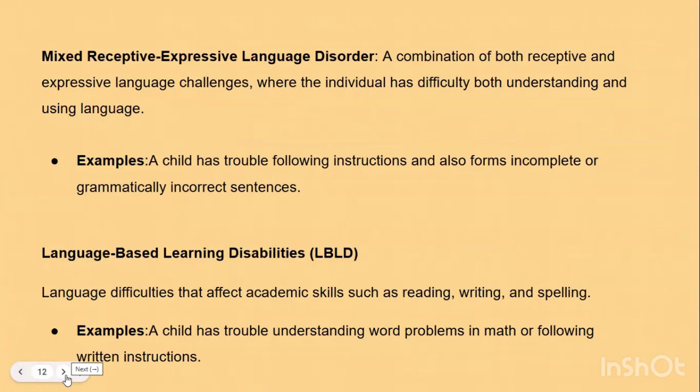Example, a child has trouble following instructions and also forms incomplete or grammatically incorrect sentences. Language-based learning disabilities: language difficulties that affect academic skills such as reading, writing, and spelling. Example, a child has trouble understanding words, problems in math, or following written instructions.